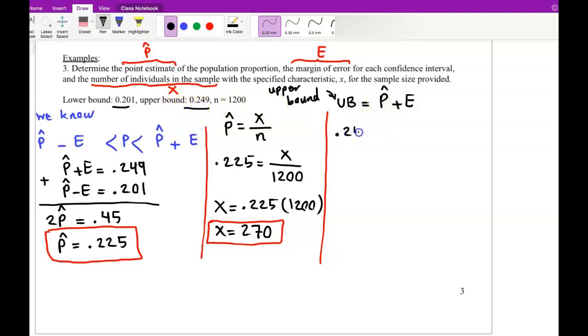So 0.249 is equal to, and p hat from this part is 0.225. Now solving for this, subtract 0.225.